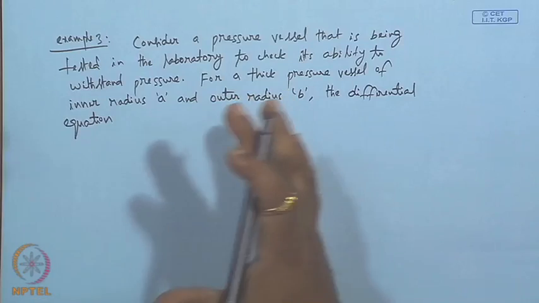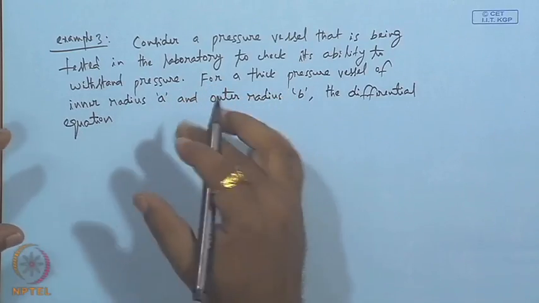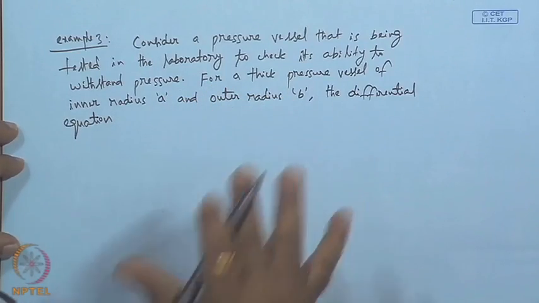So, you can consider some tube, with inner radius A and outer radius B. This is a tube and we are testing the pressure.